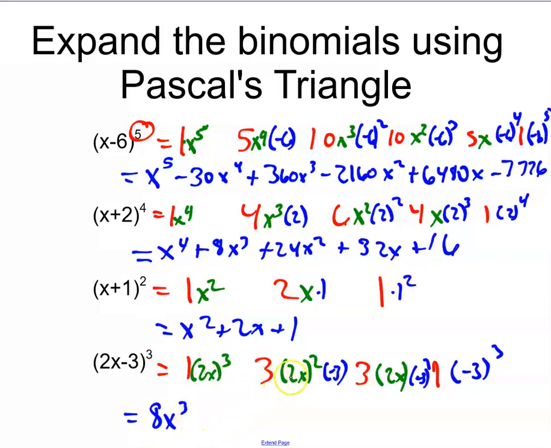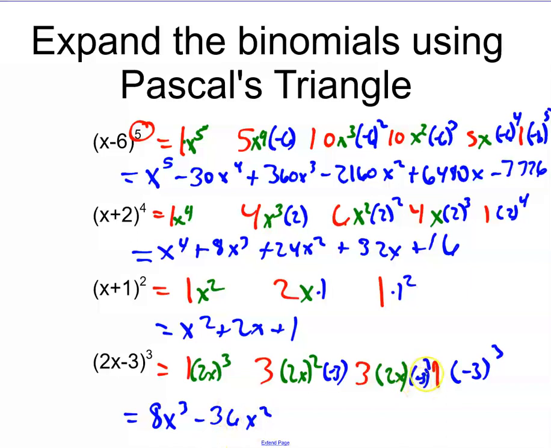Here I have 3 times 2x squared times negative 3. 2x squared is the same thing as 4x squared. 4 times 3 is 12. 12 times negative 3 is negative 36x squared.